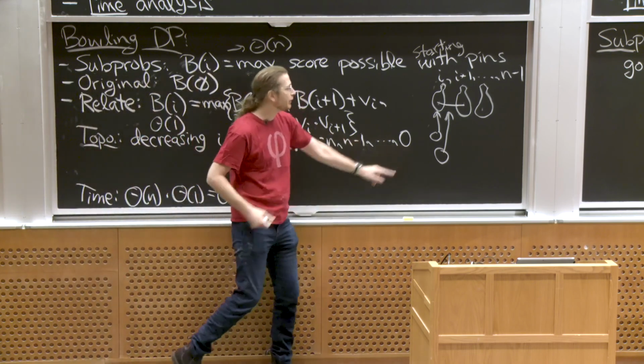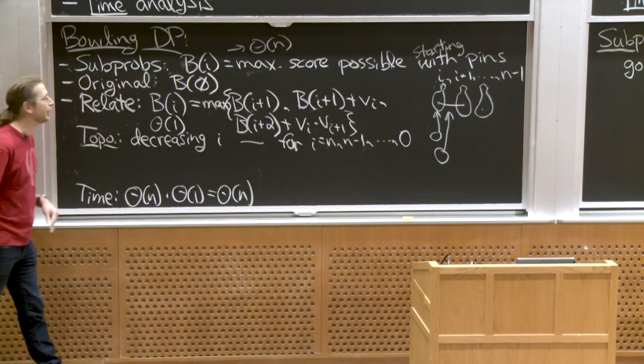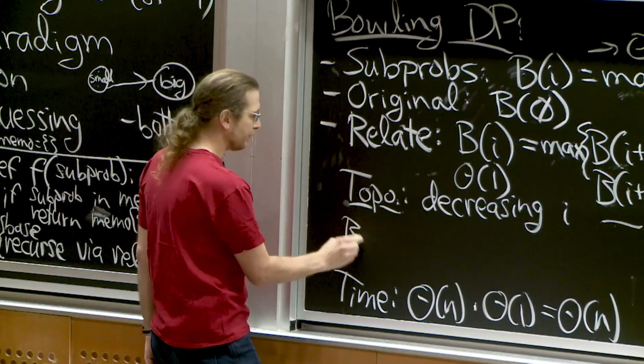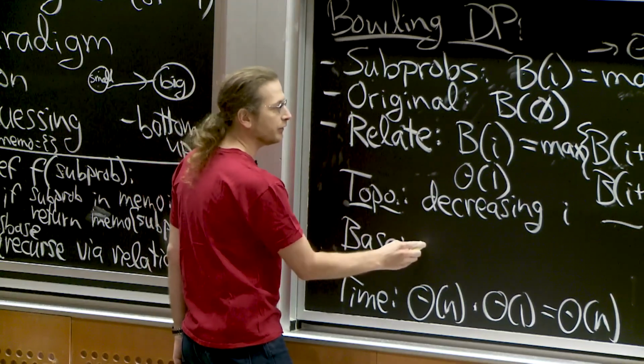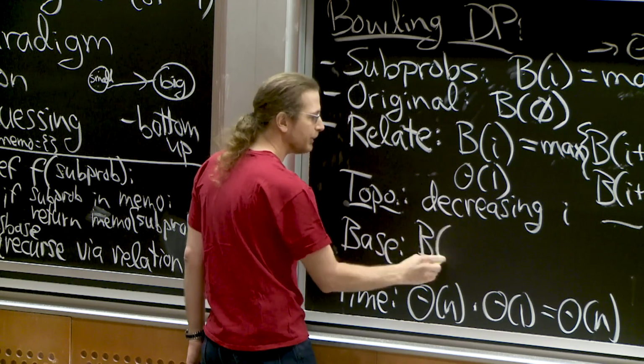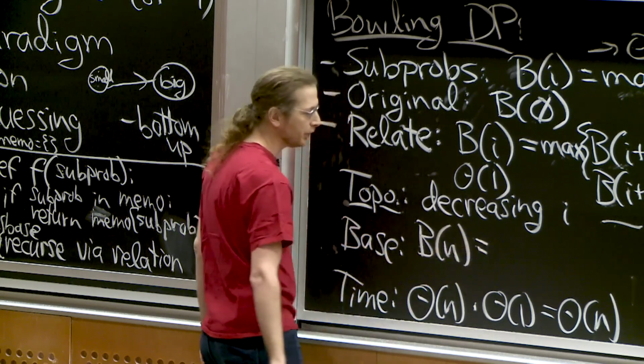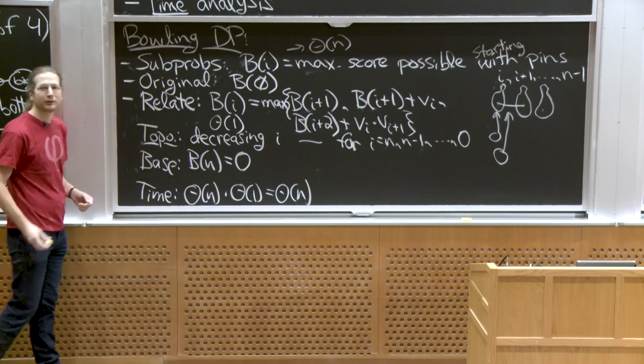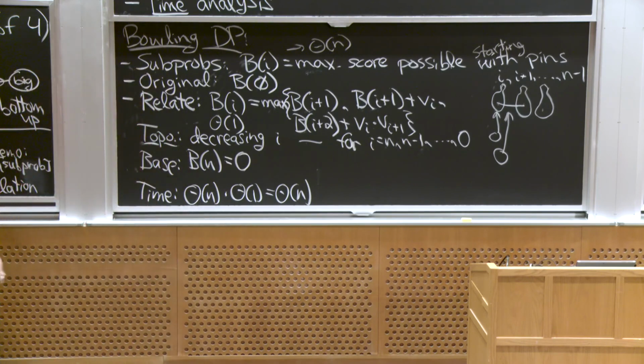The suffix starting at 0, that's the one I actually want to compute. That's the final suffix I should be computing. And then we have a B for base case, which is that first case, B of n equals 0, because there's no pins, so I don't get any points. Sad.